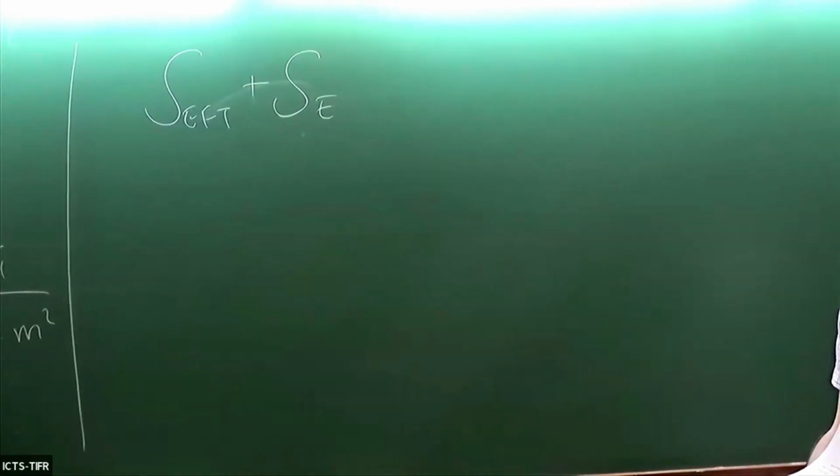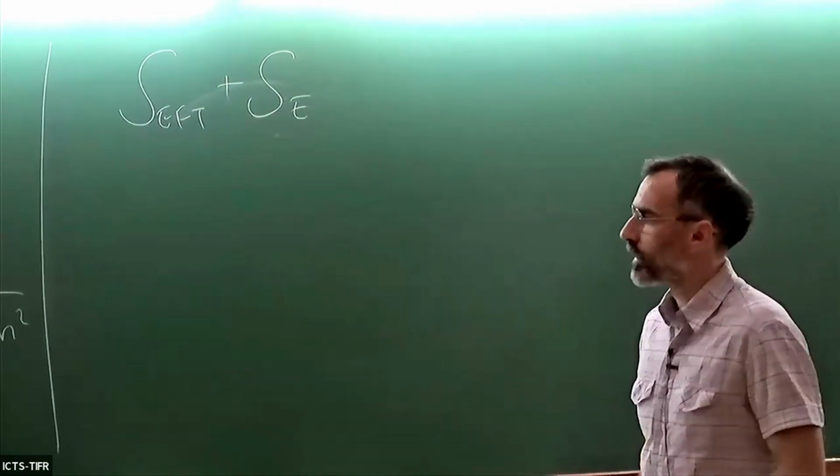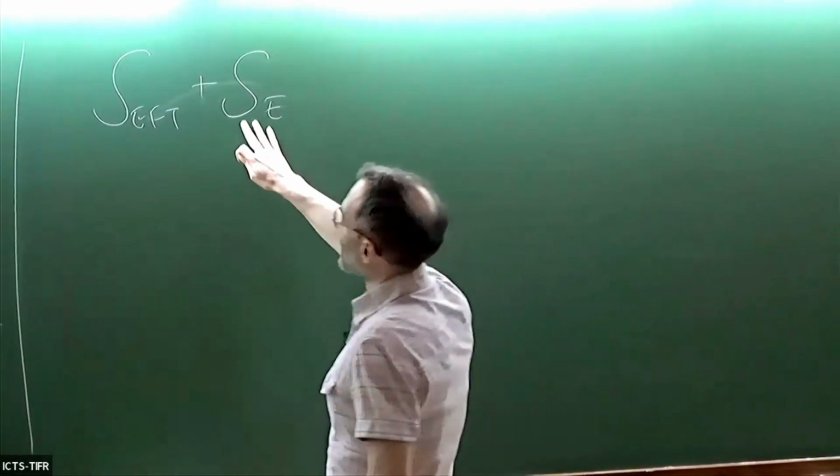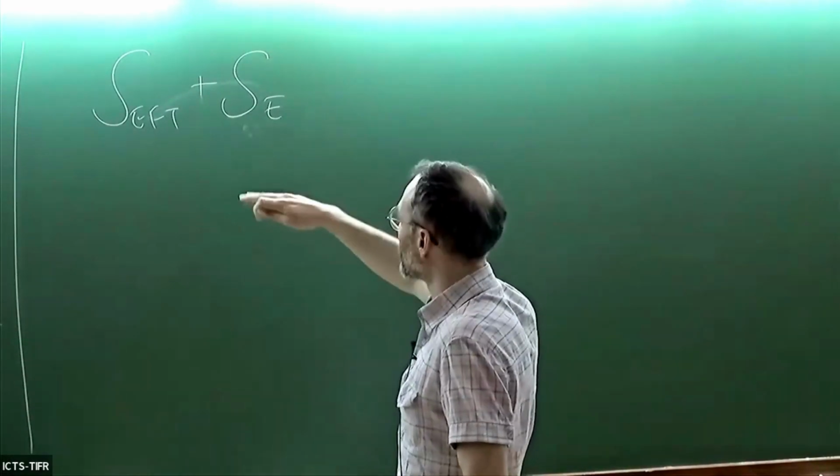You're not as general as you claim to be. What we've seen, however, is that the action can be translated with this field redefinition into an action that instead of that funny operator has this phi star phi cubed operator that we had already in our basis.